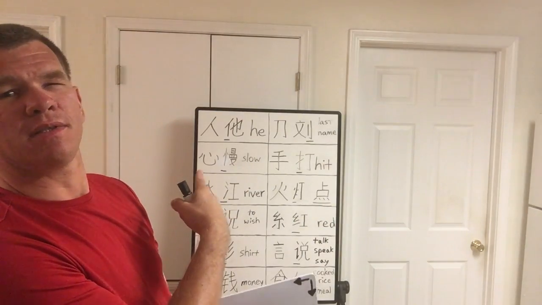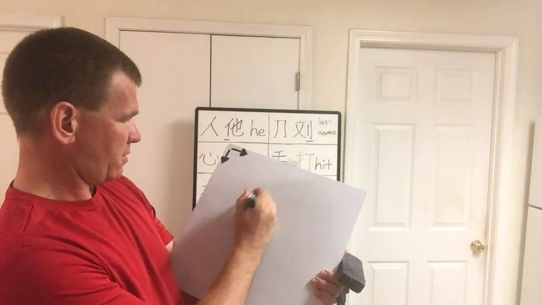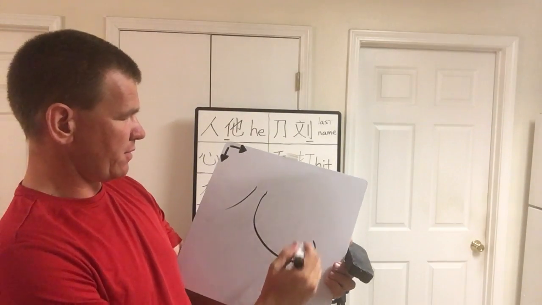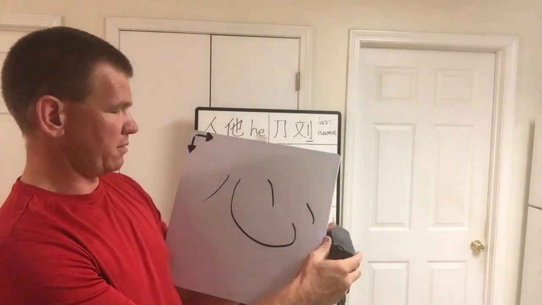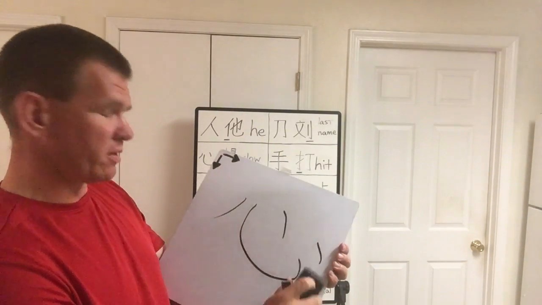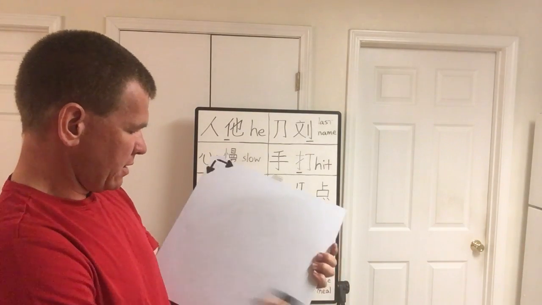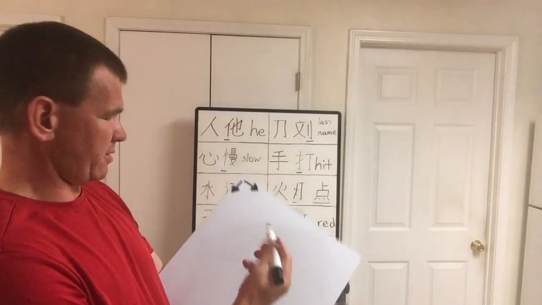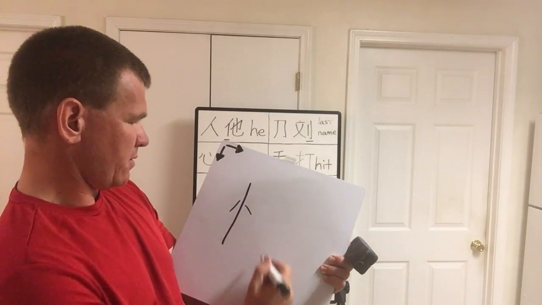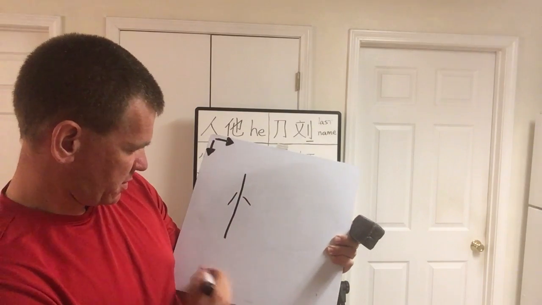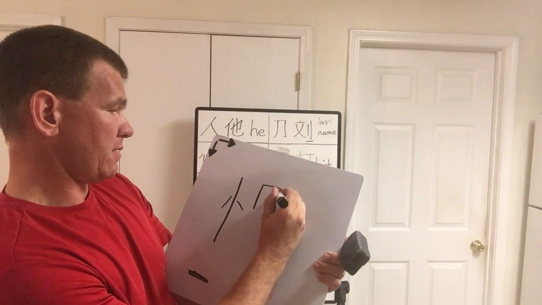All right, heart. The second one on the left, heart. So let's go over heart. 1, 2, 3, 4. That's how you draw a heart, all by itself. Now we're going to do the one with the radical. This one is on the left side. So 1, 2, 3. That's the heart. So I'll underline that part. Now this one is sun.